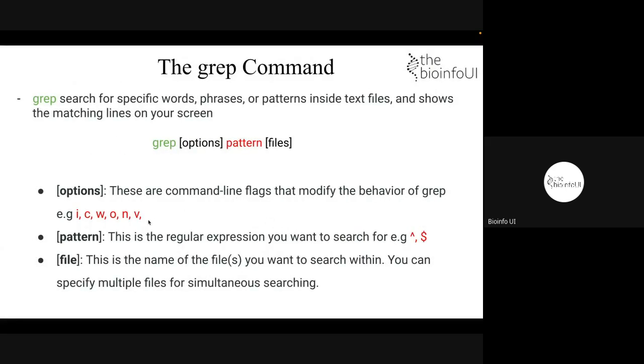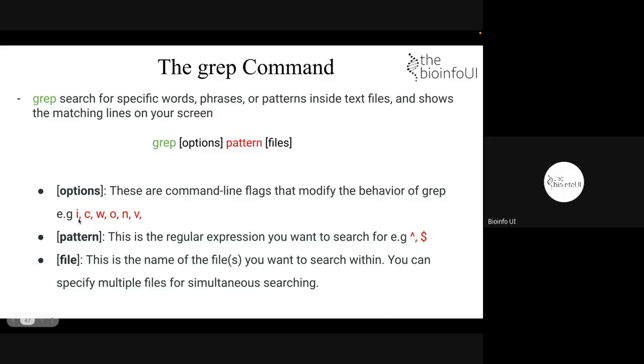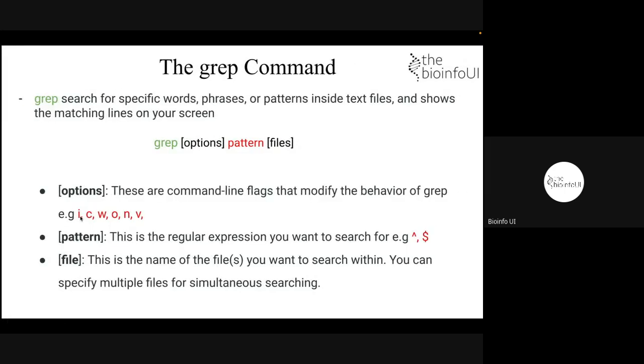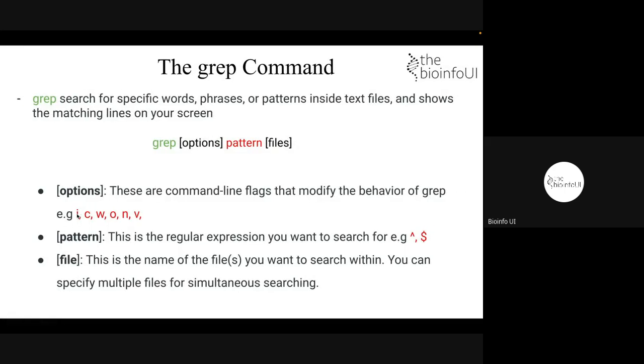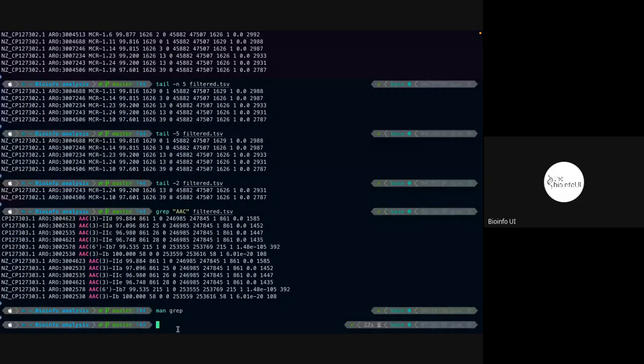These are just the different options that we can use along with grep. This first one that we can see here stands for searching irrespective of the casing. We use the -i option, that's case insensitive.